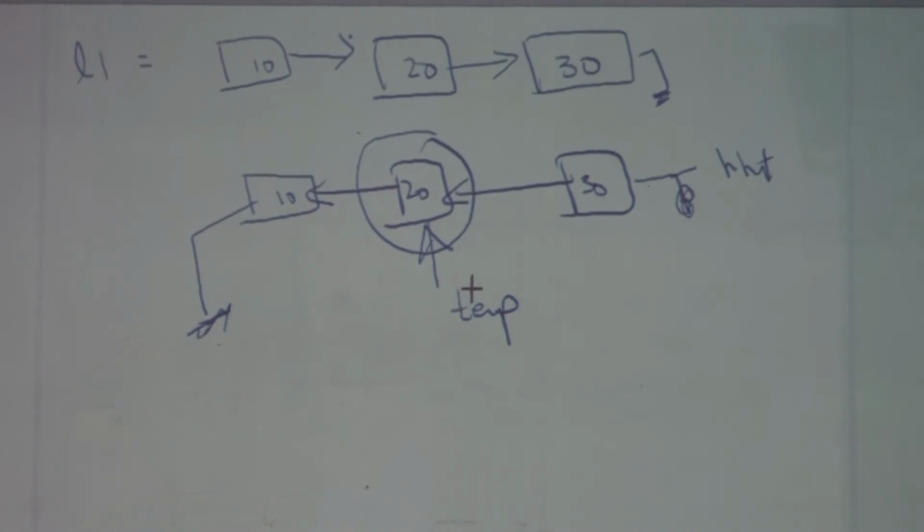Let me call it T. My T is here. So when my T is on a particular node, what all do I need to do? I have to first preserve this guy's next, because that is what I am going to use to move forward.